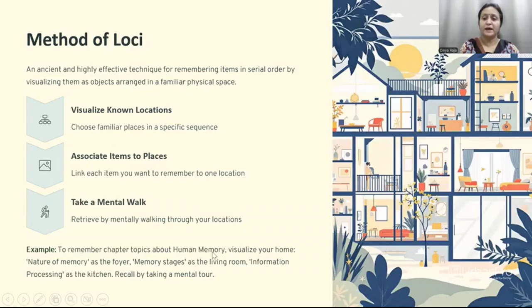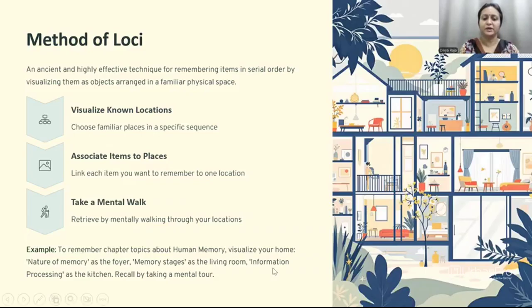Firstly, imagine human memory as your home. We all have a name for a home. So here the name for our home is human memory. And as you are entering inside, the foyer is nature of memory. That is the first topic. Then the next topic of memory stages or processes, that will be your living room, because you enter from the foyer, you go to the living room.